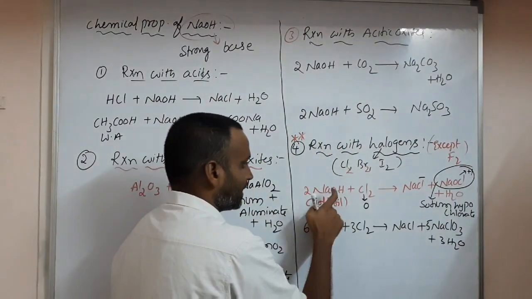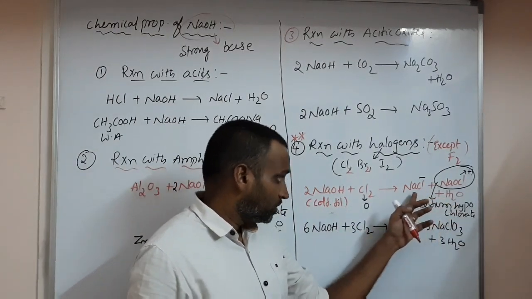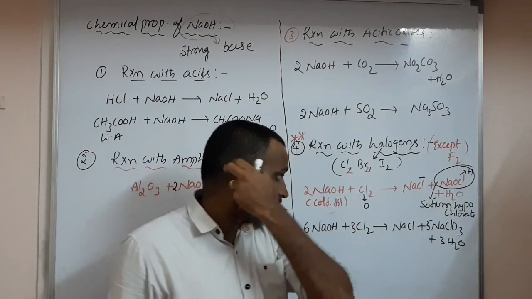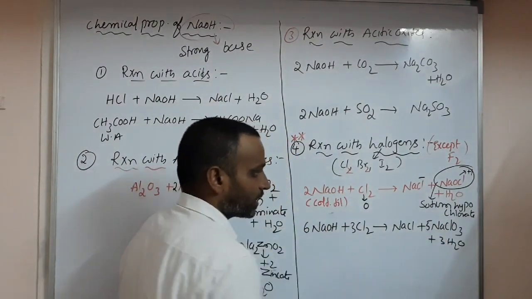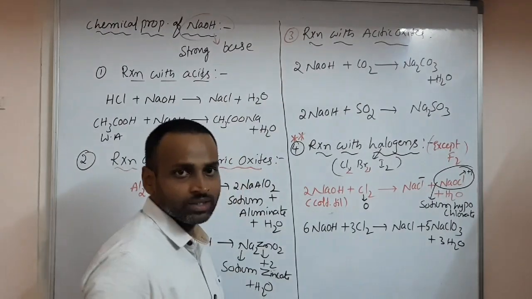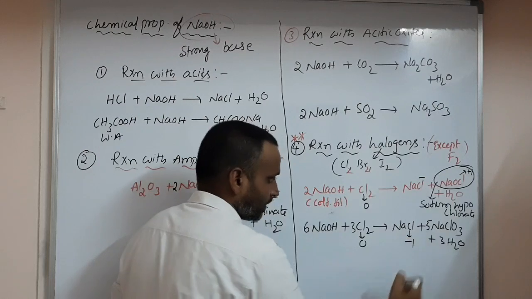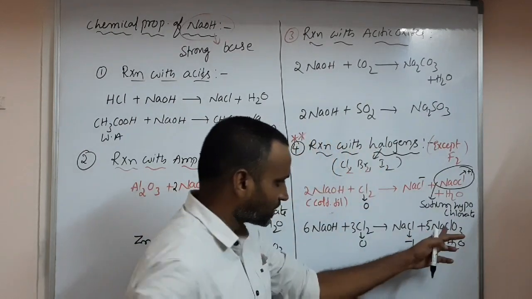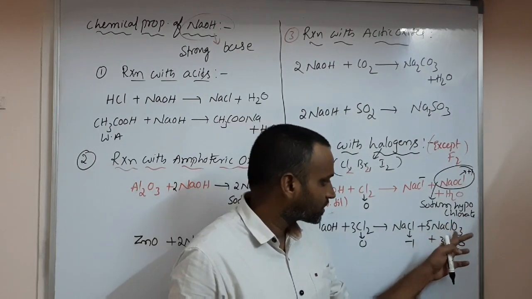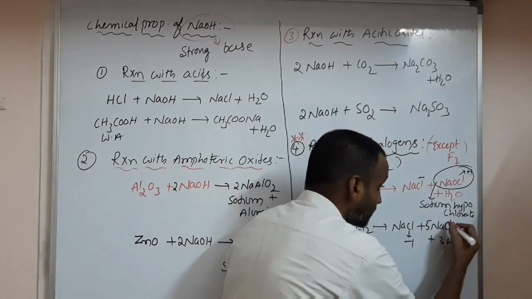Everyone, please remember: NaOH in cold condition with chlorine gives NaCl and NaOCl. Here, simply, sodium chlorate is the difference. Here chlorine oxidation state is 0, here chlorine is minus 1, and here chlorine is plus 1. Otherwise, just forget this. ClO3 minus means chlorine has plus 5 here.